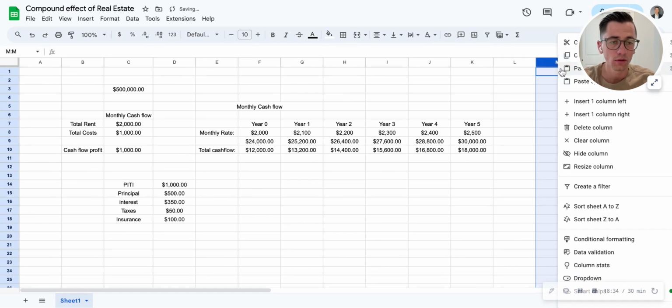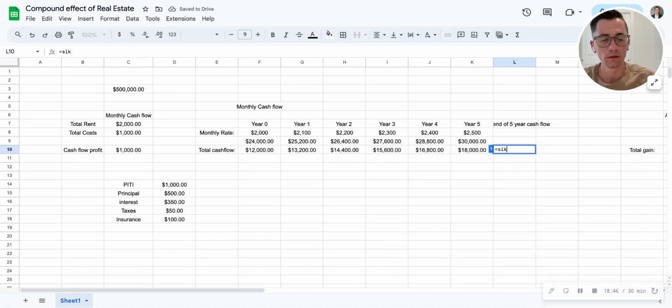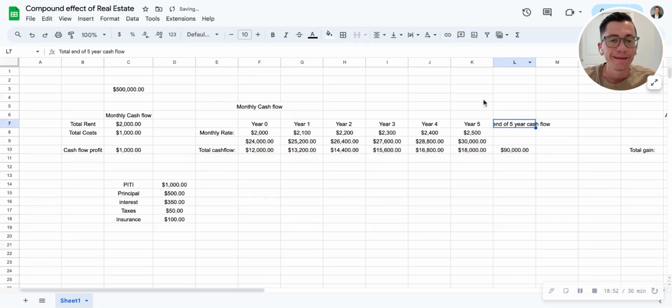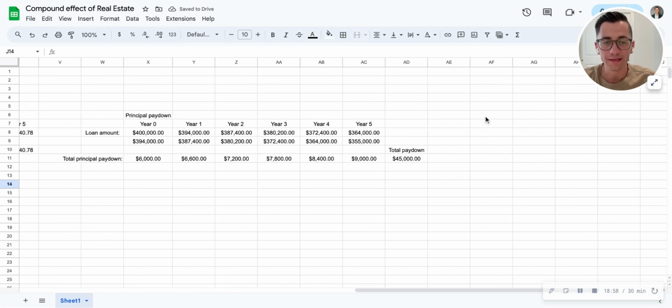So we have total end of 5-year cash flow. Okay, equals, yep, I can type. Okay, boom, there you go. $90,000 after five years.